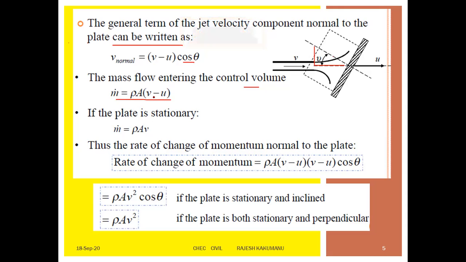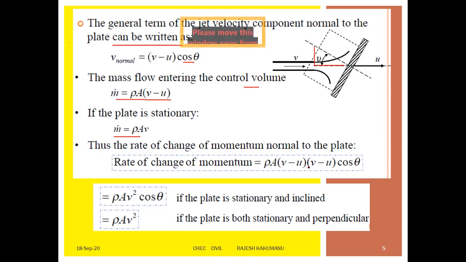V normal, which is V minus U. So rho into A into V normal, that is V minus U. Now when the plate is stationary, mass is equal to rho into A into V. So when the plate is stationary, what equation do you have to write? m is equal to rho A V. Thus the rate of change of momentum normal to the plate is equal to rho A (V minus U) times (V minus U) cos theta.